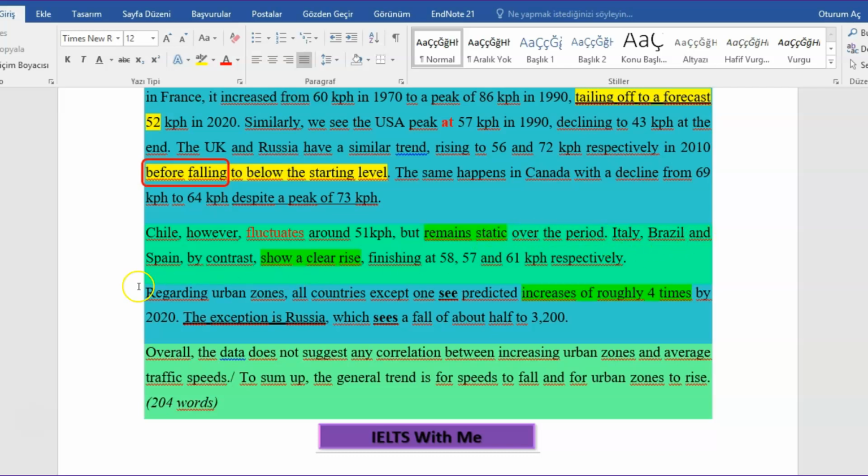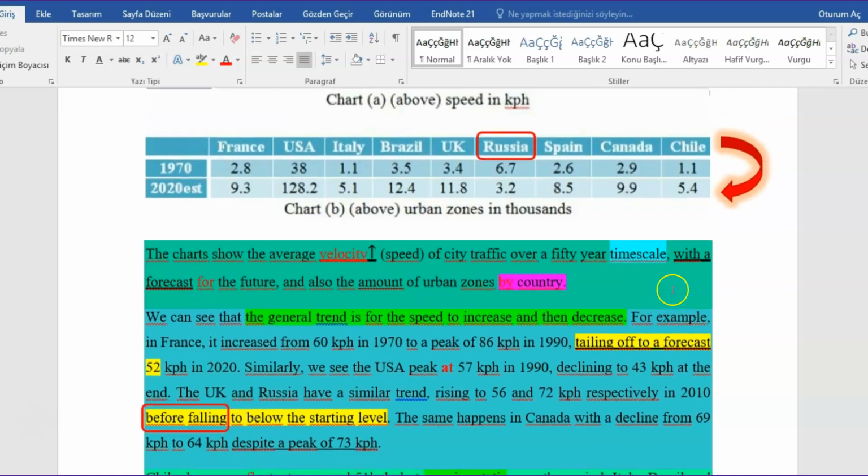Italy, Brazil, and Spain, by contrast, show a clear rise, an increase pattern, finishing at 58, 57, and 61 kilometers per hour respectively. Okay.